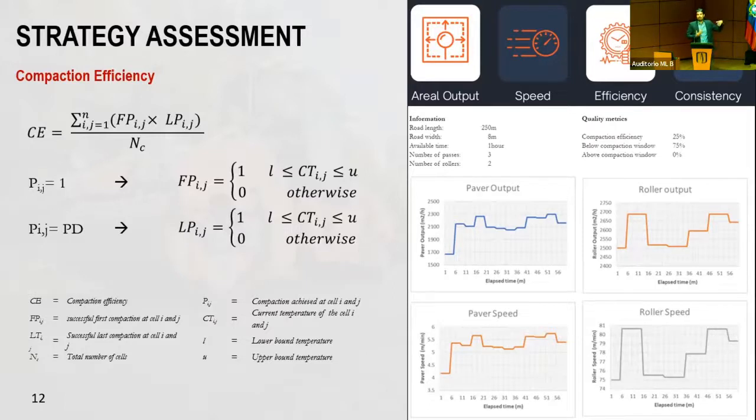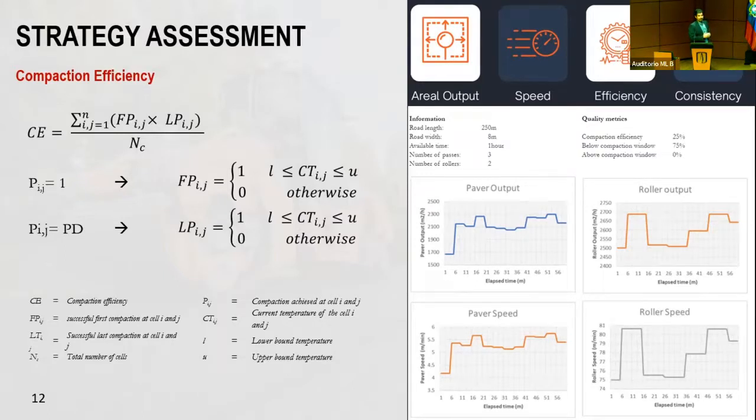And basically compaction efficiency says, if I'm going to discretize the entire road into cells, I would like to know what percentage of these cells have received the proper number of compaction passes in the right temperature window. So if, let's say, for example, the required number of compaction passes was 5, and you had the 5 compactions, but 1 or 2 of them were outside the window, then you do not consider it as properly or effectively compacted.